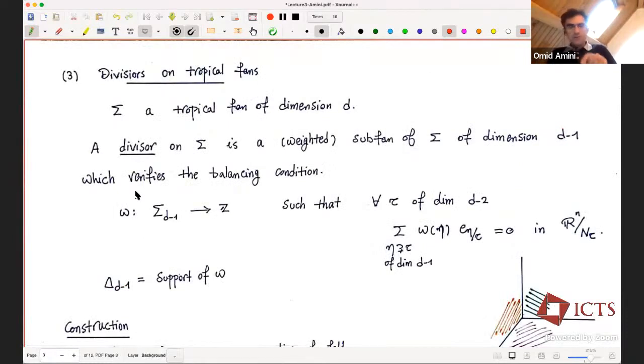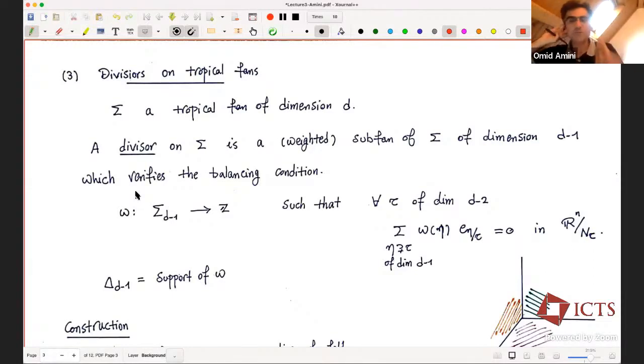In order to define the next important operation, I have to define the notion of divisors on tropical fans. This is a way to produce tropical fans out of the original tropical fan that you started with.